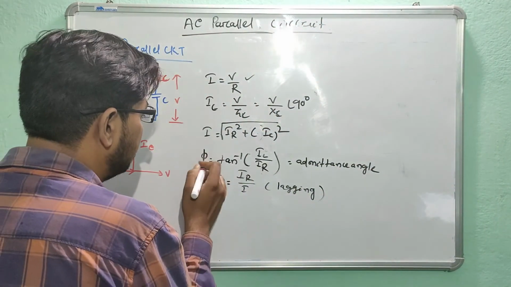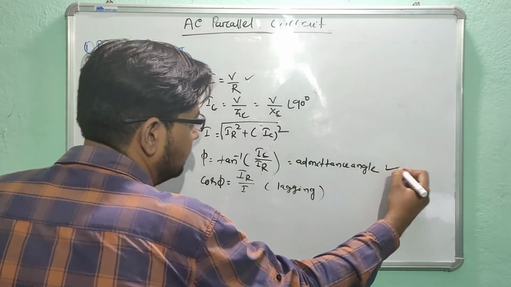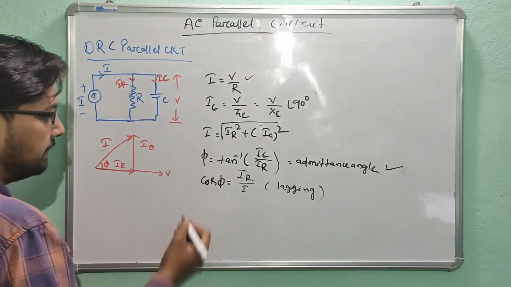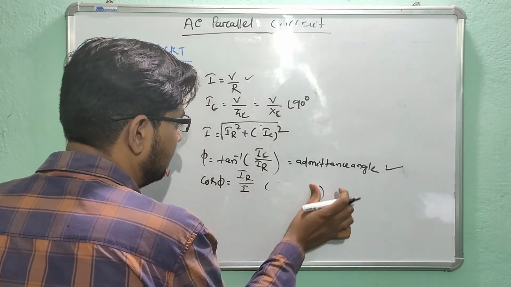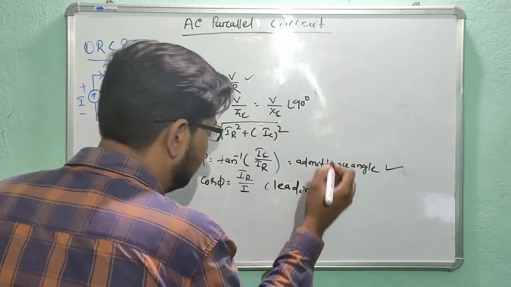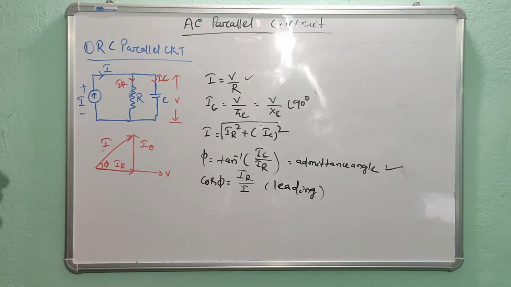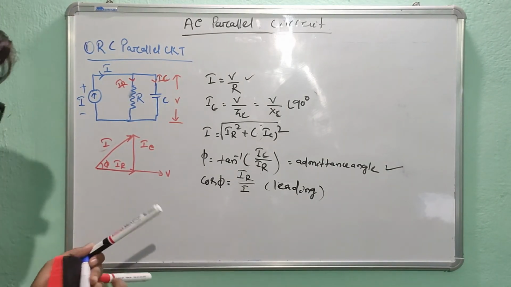So what is my phi? That is equal to tan inverse IC by IR. This is your admittance angle. And what is my cos phi? That is equal to IR by I, where cos phi is leading, that is, current leads the voltage by an angle phi. So this is your RC parallel circuit.